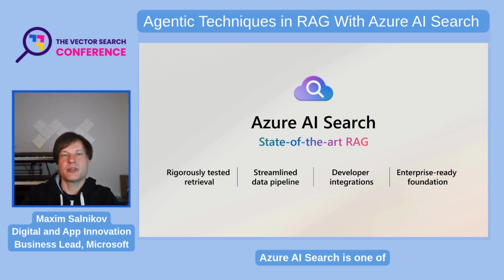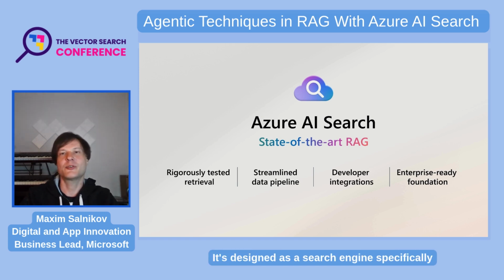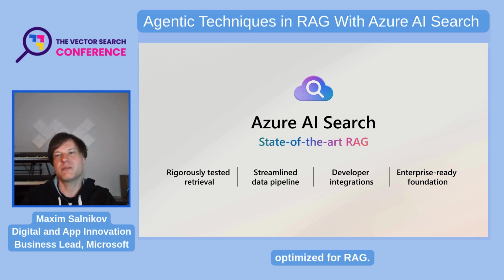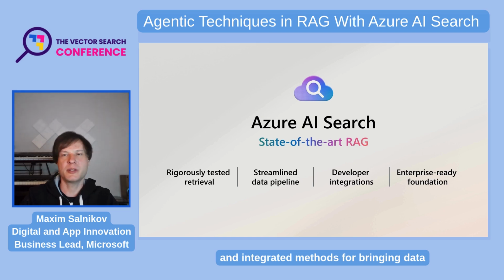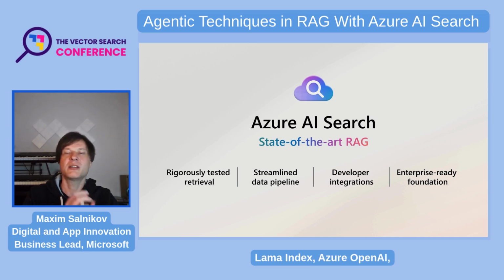Azure AI Search is one of examples of these super powerful search engines. It's designed as search engine specifically optimized for RAG. It offers robust retrieval and integrated methods for bringing data into search service, facilitating RAG pipelines. It supports a variety of integrations like the ones with semantic kernel, LangChain, Llama Index, Azure OpenAI, Azure AI Foundry, and many more.